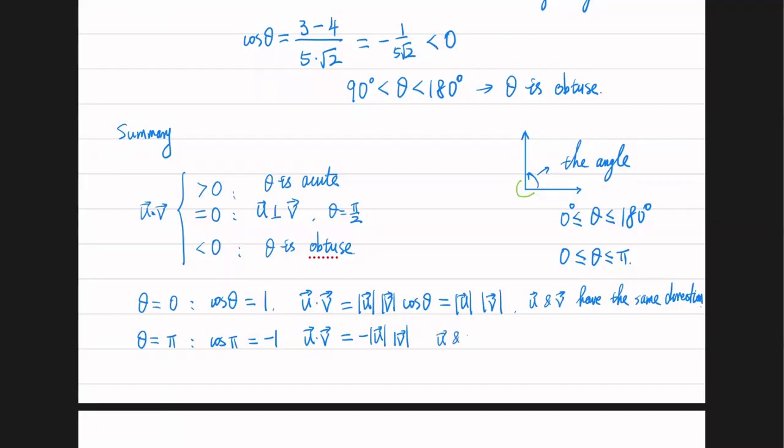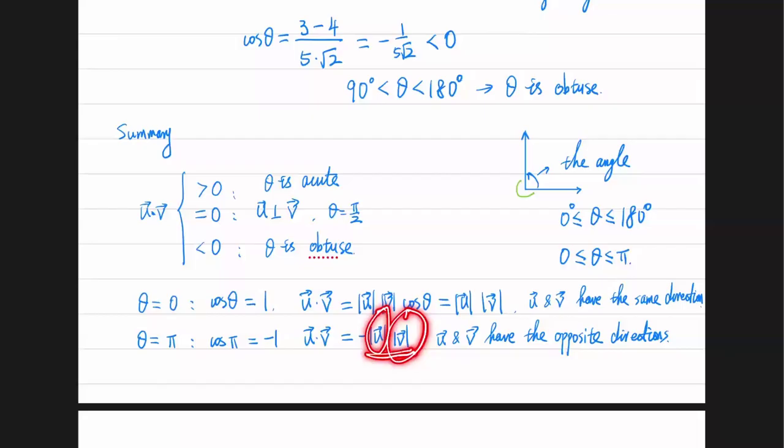Wait, teacher, in that case, wouldn't that mean the vector u and vector v have to be negative? Because the square root of something, if it's not imaginary, has to be positive. Okay, so the norms cannot be negative.